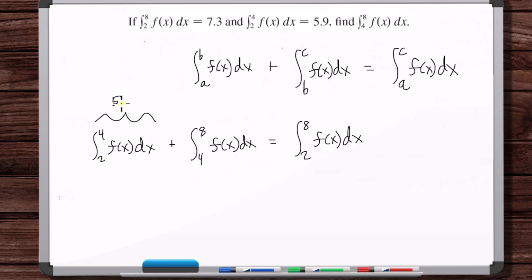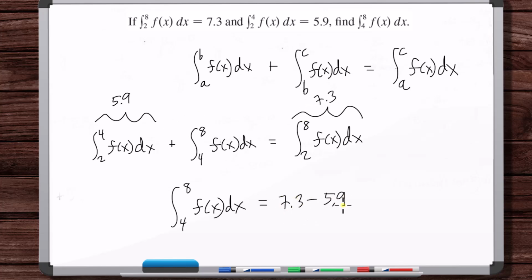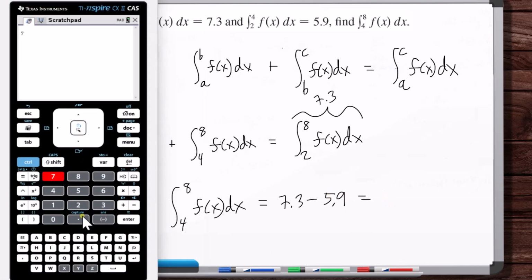They give us this. And then we know this integral. They give us this. But we don't know this. And so we can solve for this: it is equal to 7.3 minus 5.9, which is 1.4.